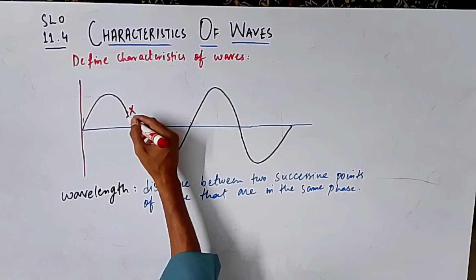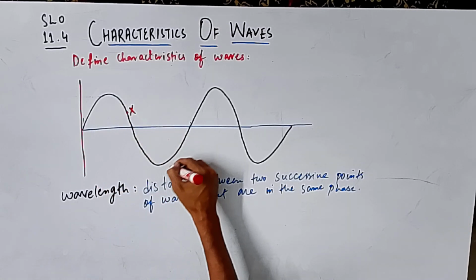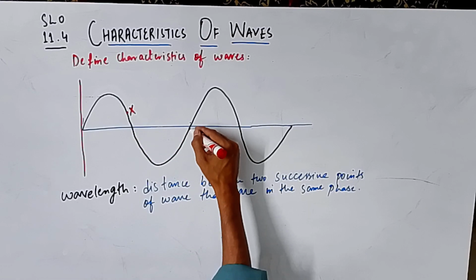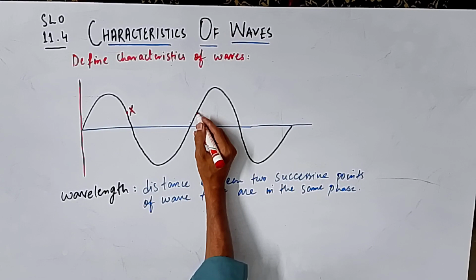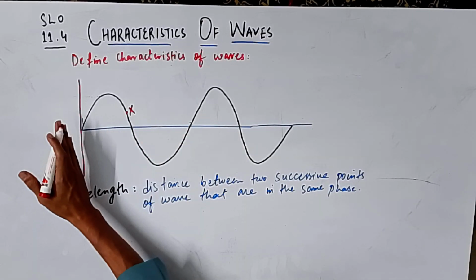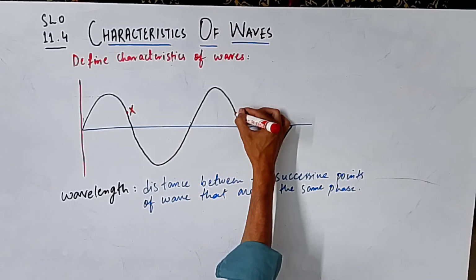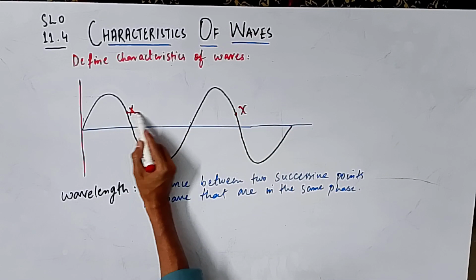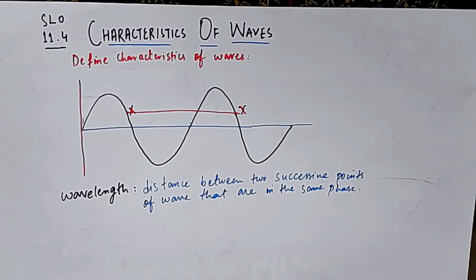Now it will go down, but the phase is changed, so we cannot take it from here. Now it is the same phase as this one, but will you take this point? No, because it is on the left side. You have taken the point on the right side, so this point is actually the successive point of this. So from this point to this point, the distance is called the wavelength.